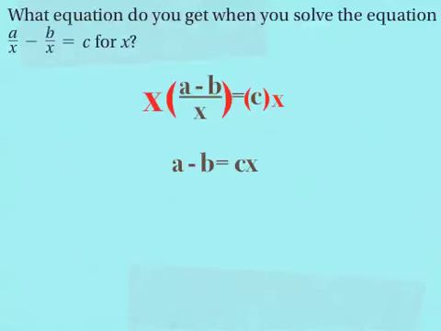I'm multiplying x by c, so I need to use inverse operations and divide by c on both sides. When I divide by c, my c cancels out, and I'm left with a minus b over c equals x. And I have solved for x. X is by itself on one side, and it is positive.